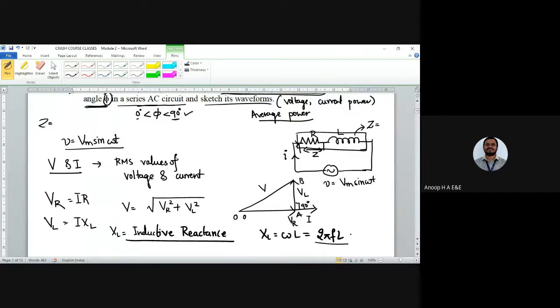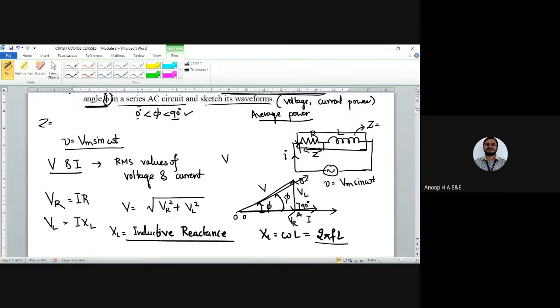Correct. So now what is the angle that is being traced here? How can I interpret it? The voltage is leading the current. So this is the current vector and this is the resultant voltage here. If you see, we have created an angle phi. I call this angle phi, which is called the phase angle.